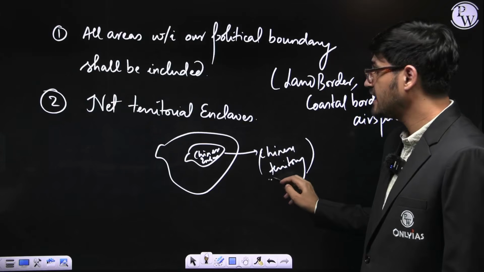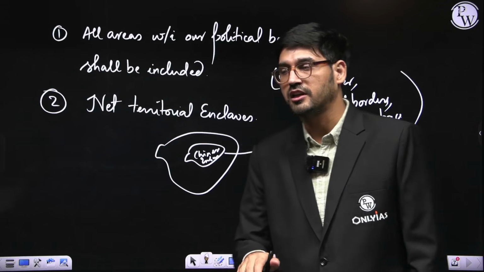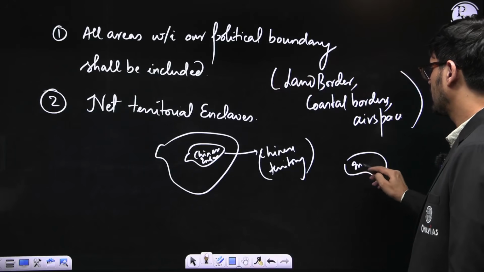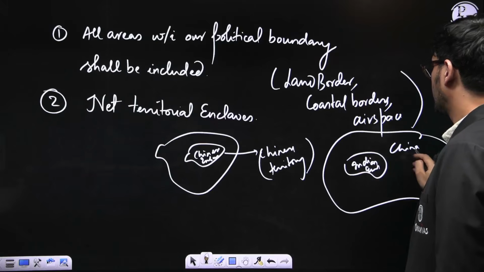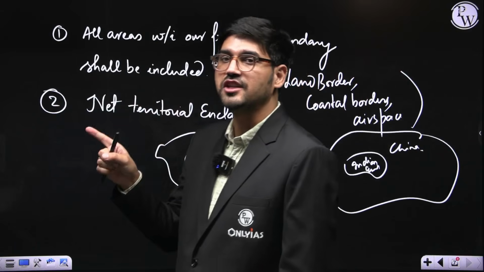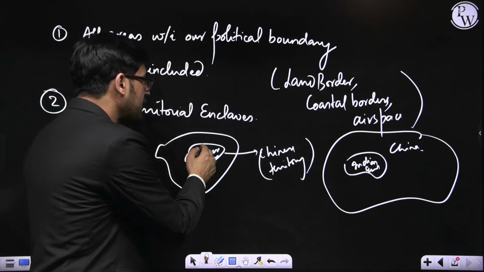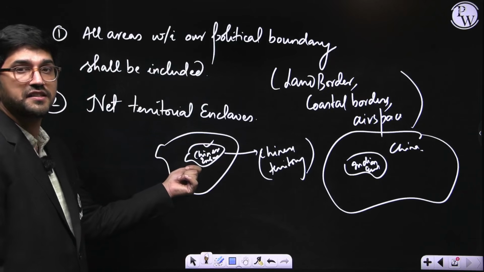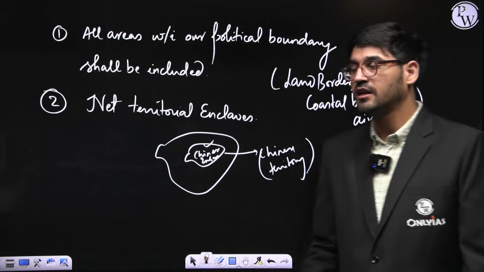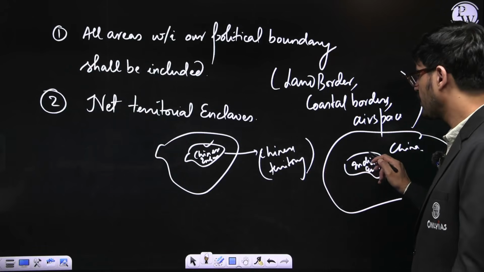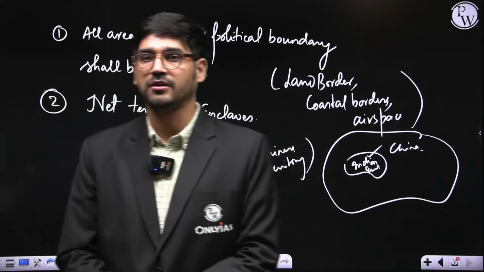Similarly, the Indian embassy within China will be considered Indian territory in China. So, in the consideration of GDP, any final good or service produced within the Chinese embassy in India will belong to China's GDP. Similarly, any final good or service produced within the Indian embassy in China will count towards India's GDP.